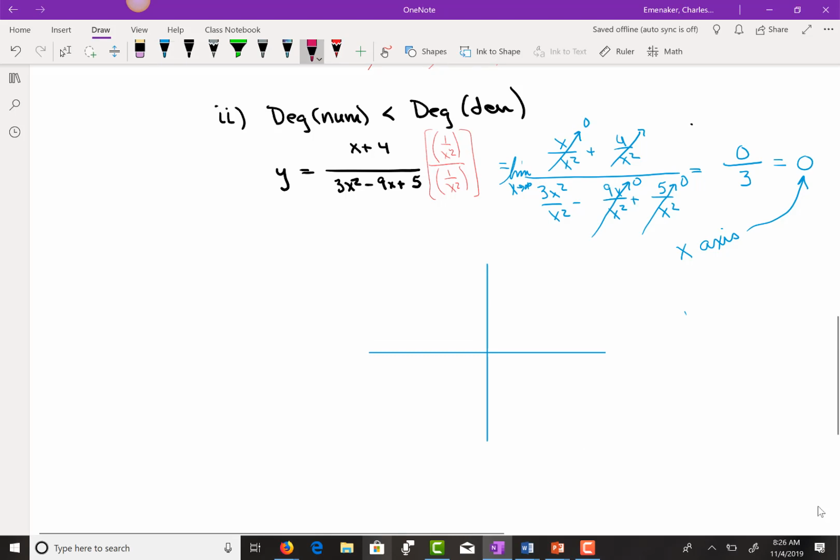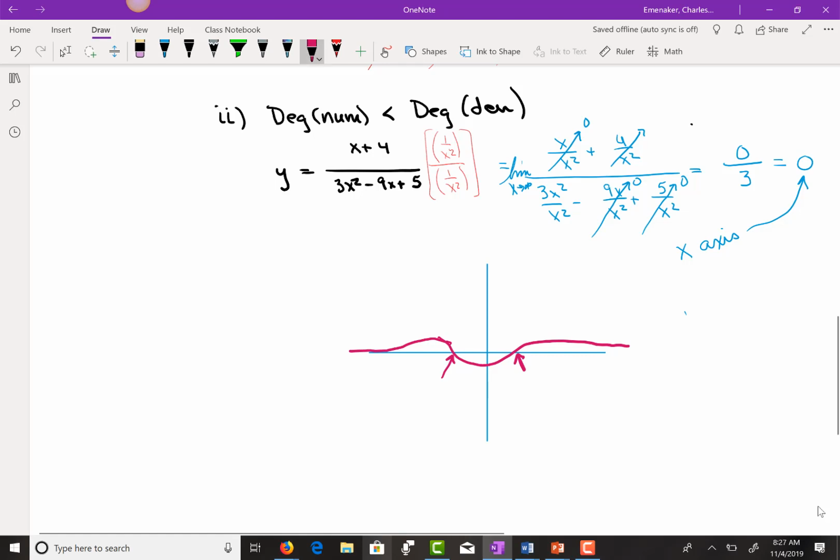Okay? So this function can do stuff, and I'm just making it up here. You can cross the x-axis a couple of times and come back in like that. Where it crosses the x-axis is what? Would that be where the denominator equals 0? Or where the numerator equals 0?